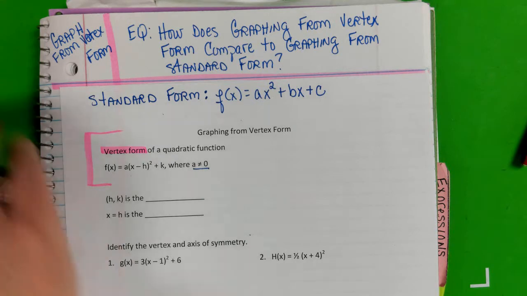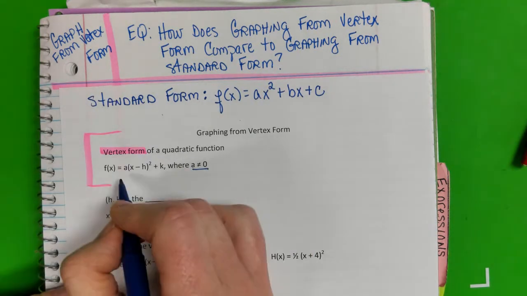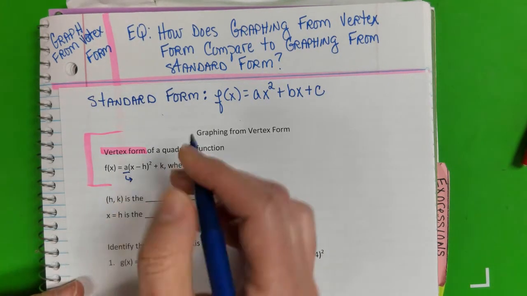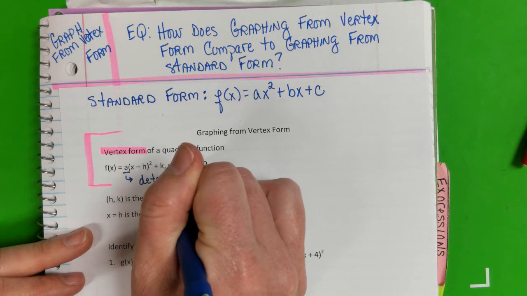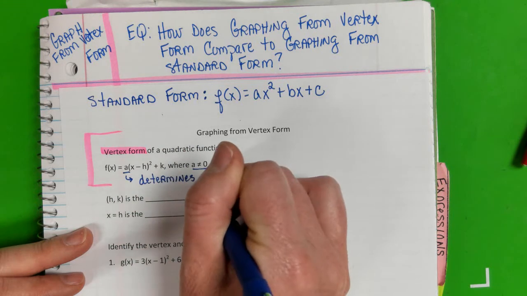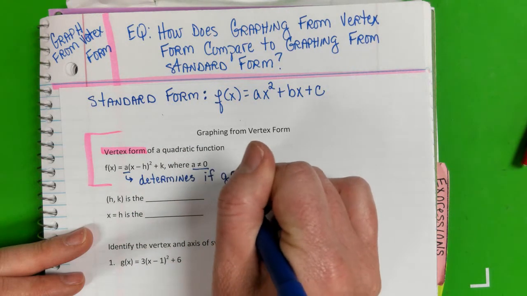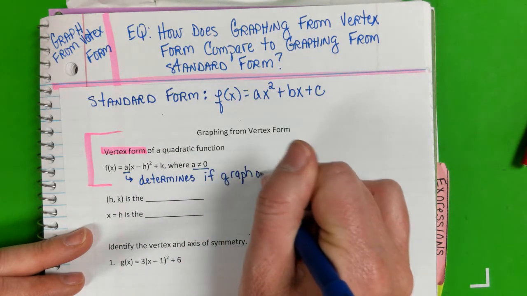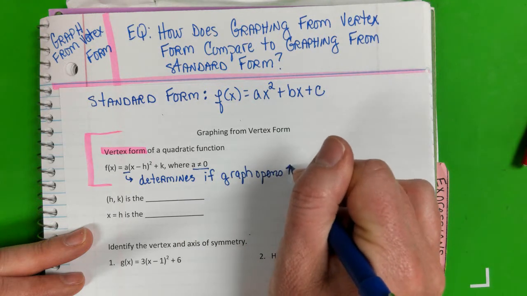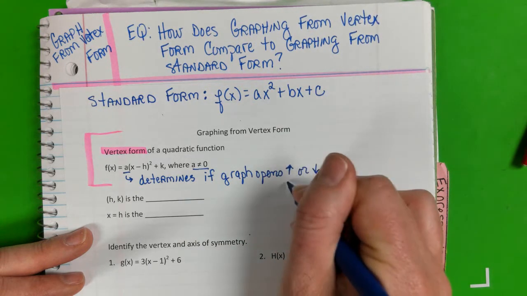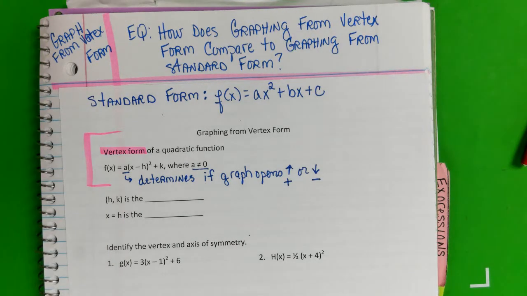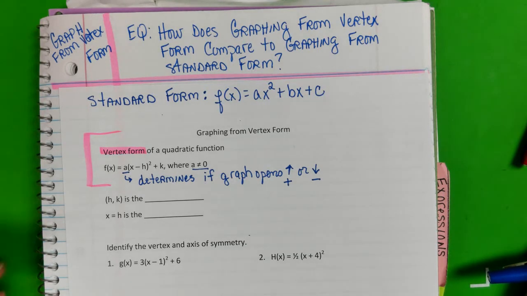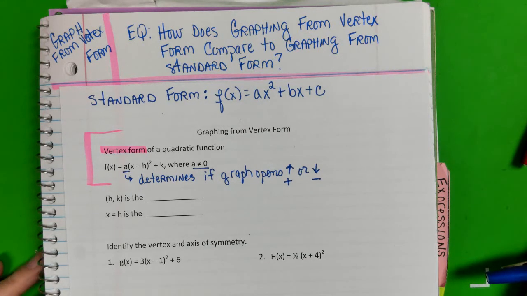Okay? I want to remind you that our a value determines if the graph opens up or down. Remember, if it's positive, it opens up. If it's negative, it opens down. That's really important because that helps you determine and eliminate answers by knowing that.